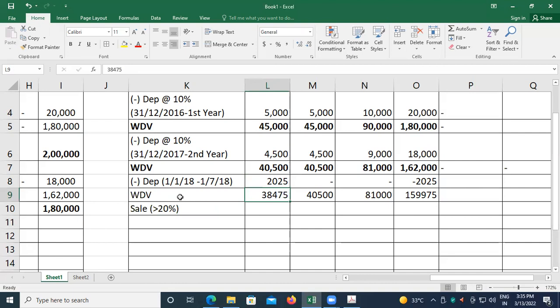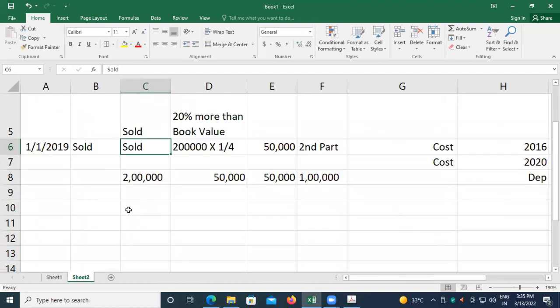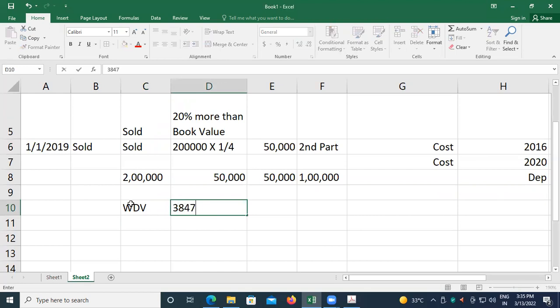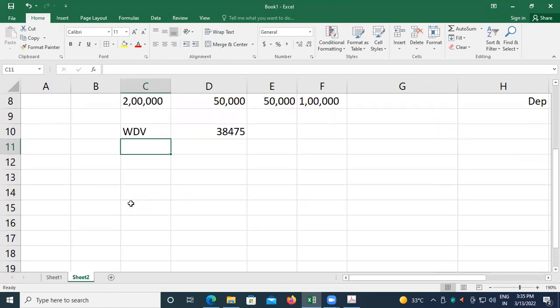Now we are selling this asset at 20% more than the book value.